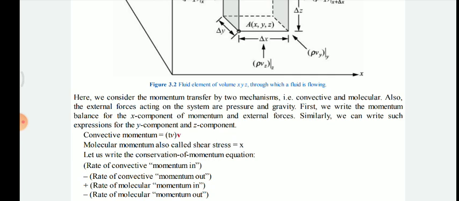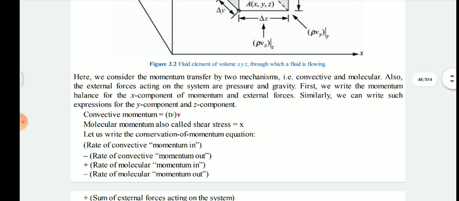So the fluid pressure and the external force, gravity. First, we write the momentum balance for the x component of momentum and external forces, and similarly we can derive it for the y direction as well as the z direction. The convective momentum transfer is rho v into capital V.